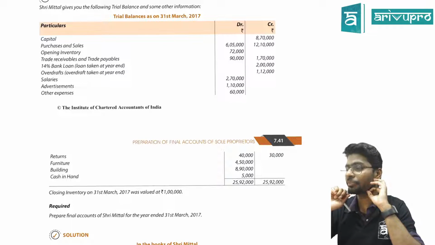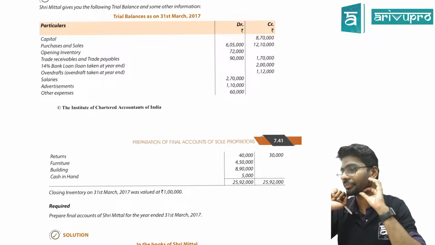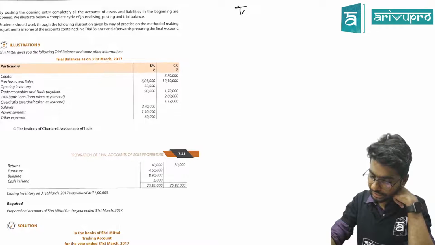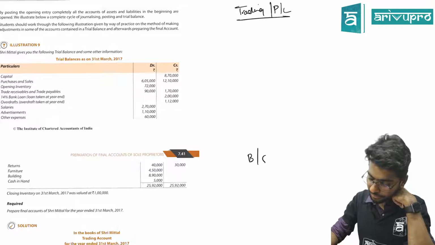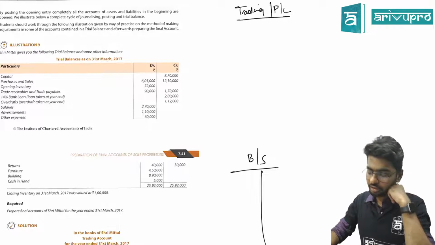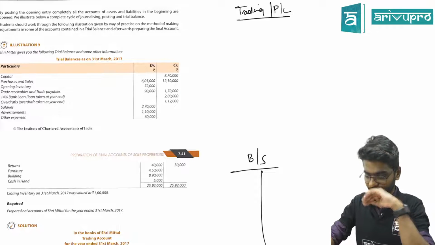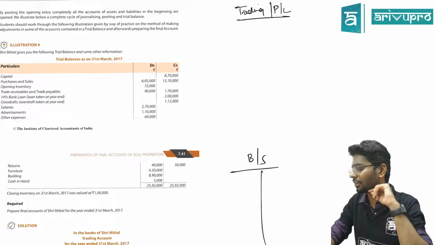Don't save paper on the day of exam. You will spend more paper preparing for 6 more months. So trading and P&L account, then I have my balance sheet. Okay, first item, capital. So write down balance sheet.